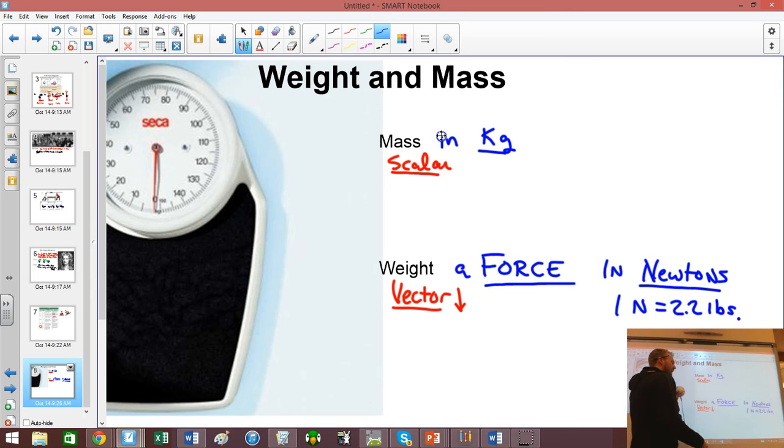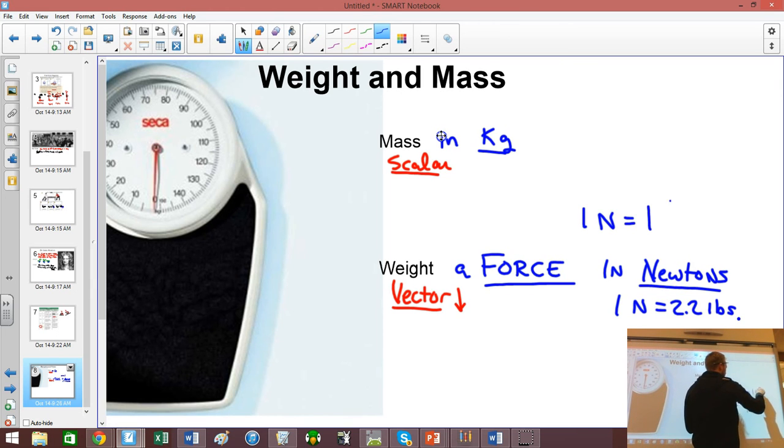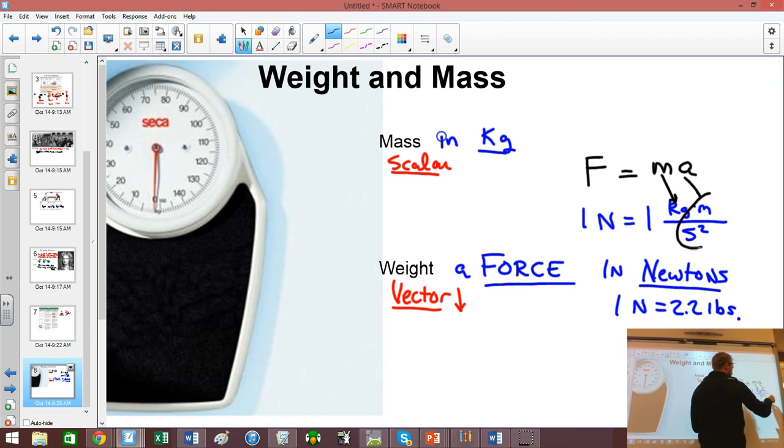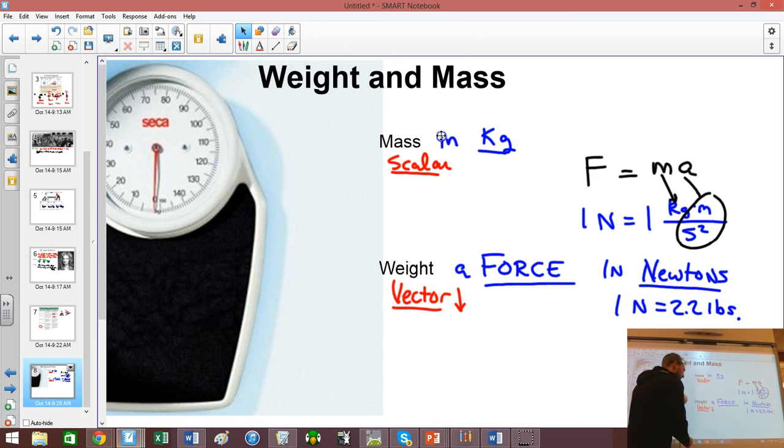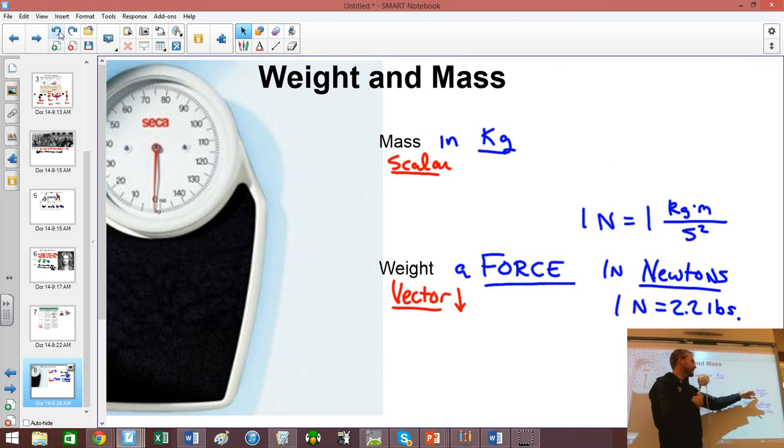And it turns out that 1 newton equals 1 kilogram meter per second squared. And if you think about it, remember how I told you before F equals ma? Remember how mass is kilograms and acceleration is meters per second squared? There you have it, kilogram meter per second squared. So instead of writing that every time, we just write it as 1 newton.